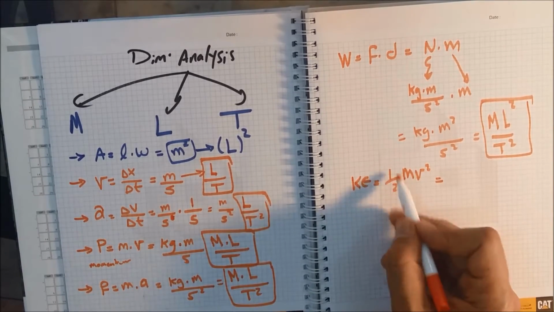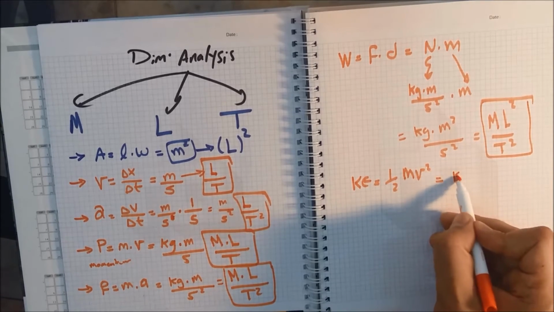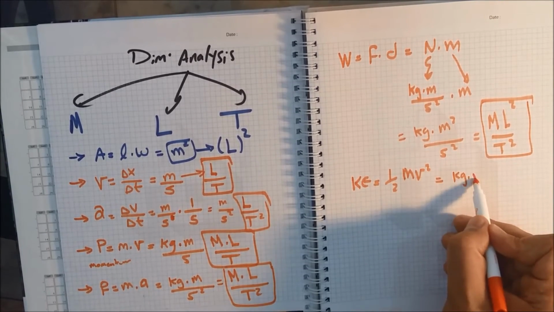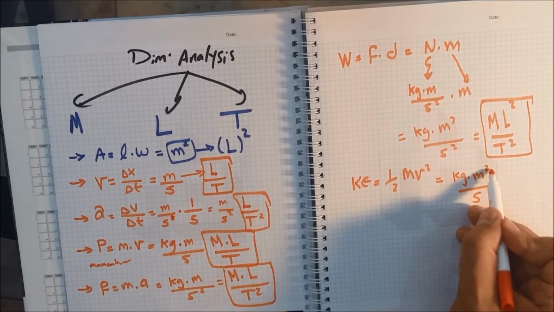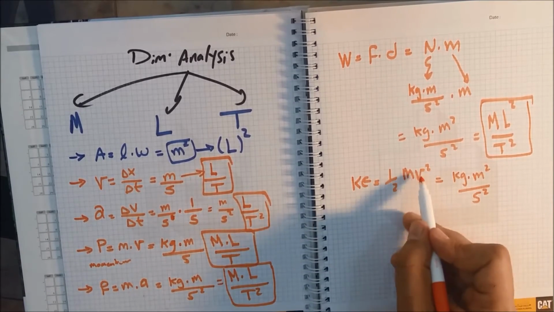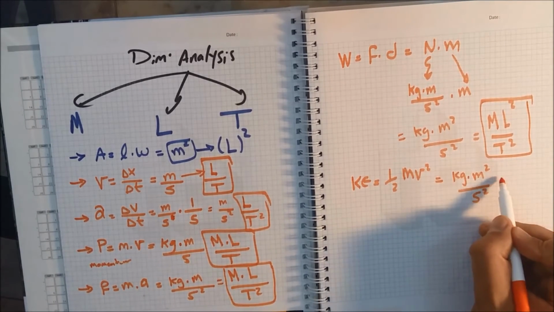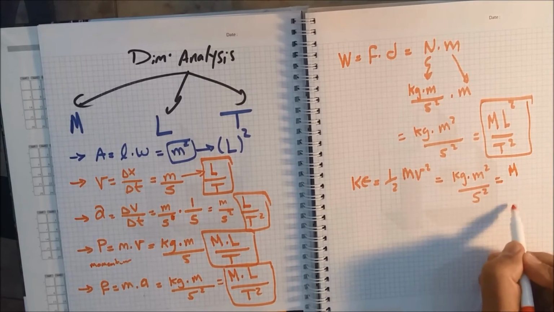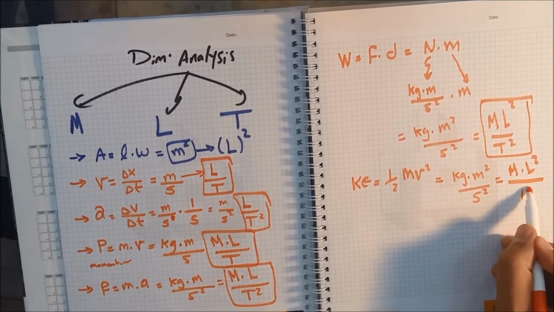Half basically has no unit because it's a numerical constant, but the mass has kg, and the velocity is meters per second, but it is a squared value, so meter squared and second squared, because there is a square on the velocity. You cannot simplify it more than that, so kg is M, and meter square over second square is L square over T square.